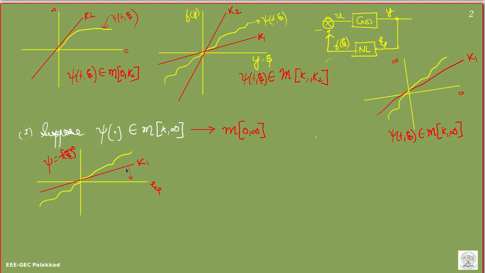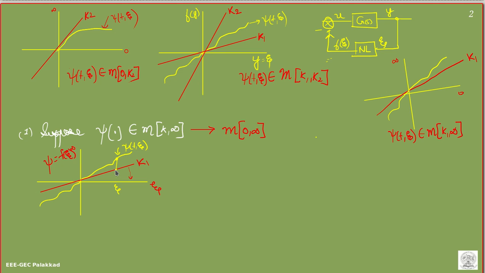For converting it, let us see this distance. This value is xi of t comma zeta, psi of t comma zeta, at any point zeta here. What is the value at this point?